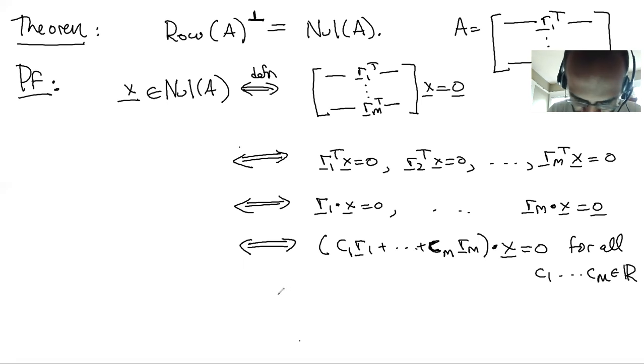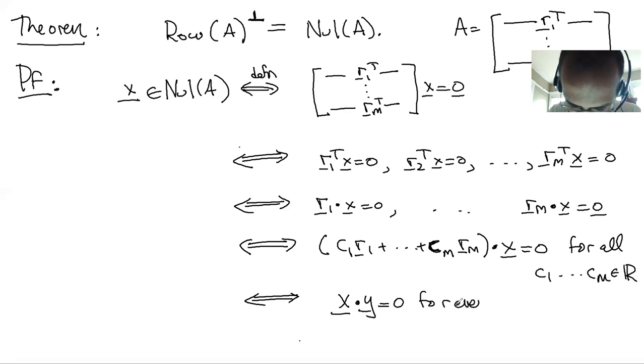But then this is just the same as saying, if and only if, X is orthogonal to every vector in the row space. If and only if X dot Y equals 0 for every Y in the row space.